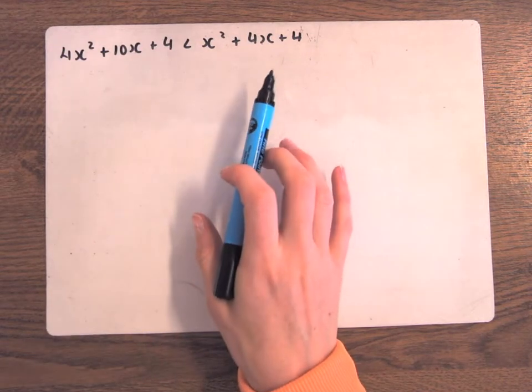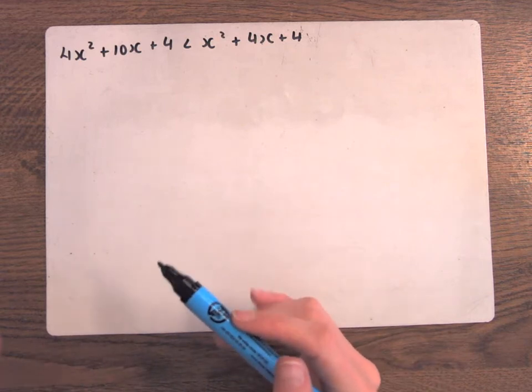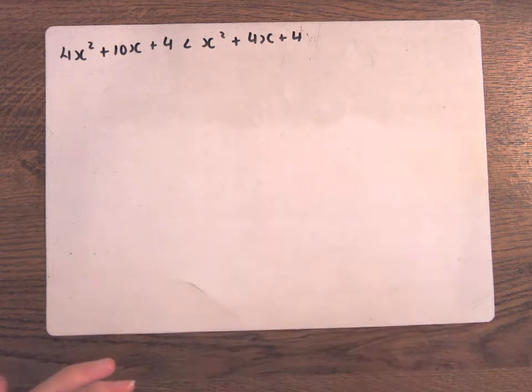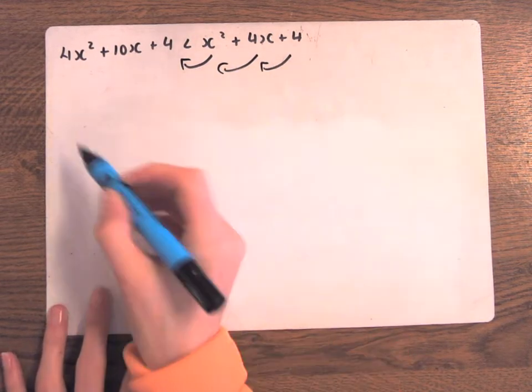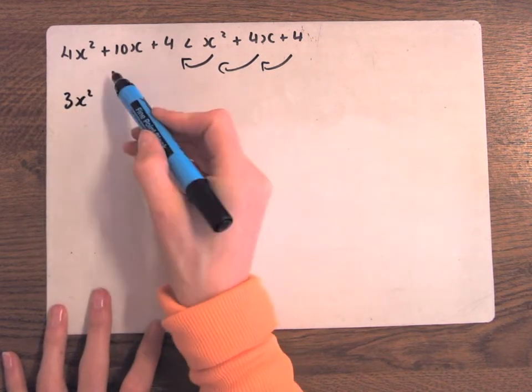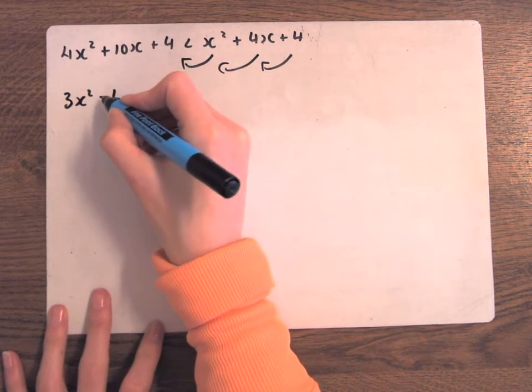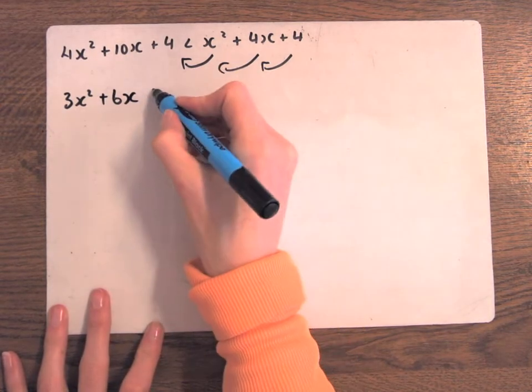What would I do now? Bring everything, yeah. Okay, you've got x squared, x's, numbers, you normally get that equal to 0. In this case, it's in an inequality. Bring everything over. So I'm going to have 4x squared take x squared is 3x squared. 10x take 4x is 6x, and 4 minus 4 is 0.